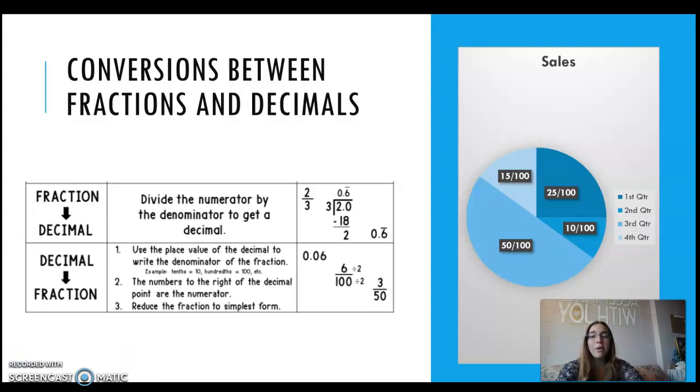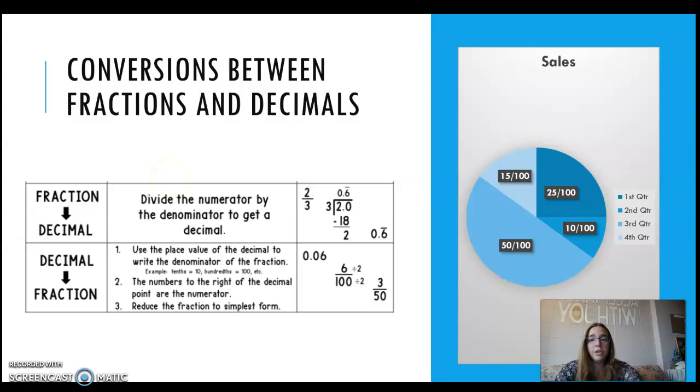I'm going to briefly go over the conversions between fractions and decimals, decimals to percentages, and percentages to fractions. You have the notes here, and I want you to be taking notes on these charts. I expect you to be active learners, because it's going to help you throughout the rest of the work you will complete this week.